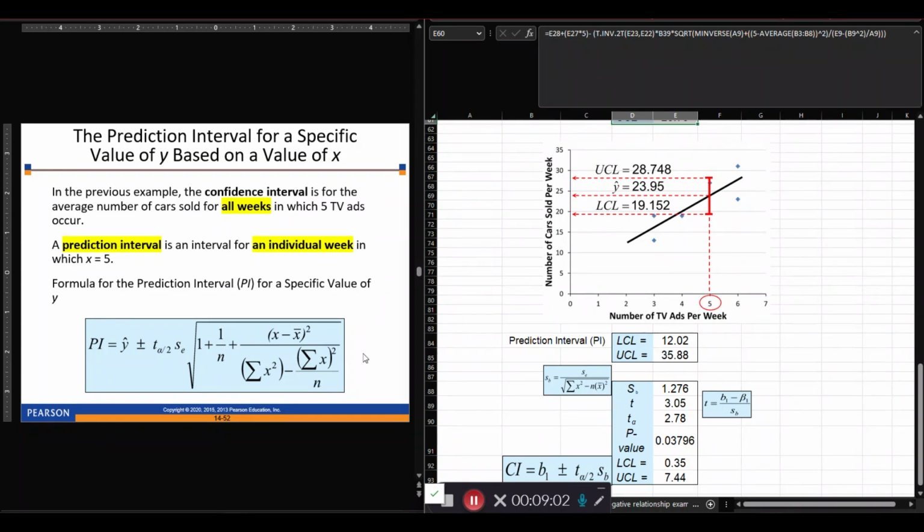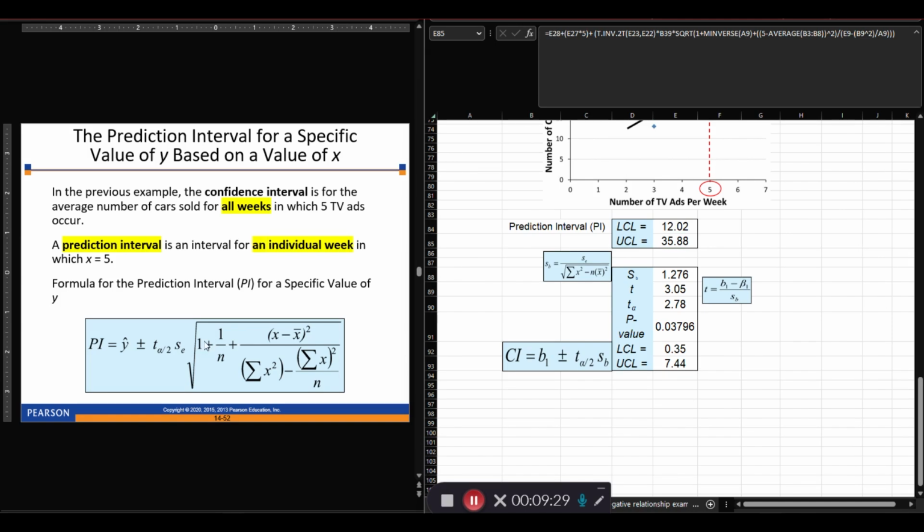All right. So what we have here, as you can see, is plus or minus: plus for the upper confidence limit, and minus for the lower confidence limit. And again, this is exactly the same. The only difference here is that we have 1 plus 1 divided by n. So everything else is the same as the confidence interval formula, except for that addition.